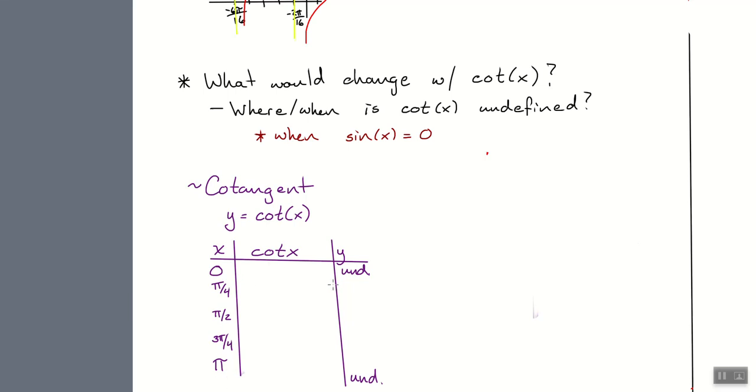I know that cotangent of 0 is undefined. What about the cotangent of pi fourths? It's 1 again. How about pi halves? How about 3 pi fourths? Negative 1.